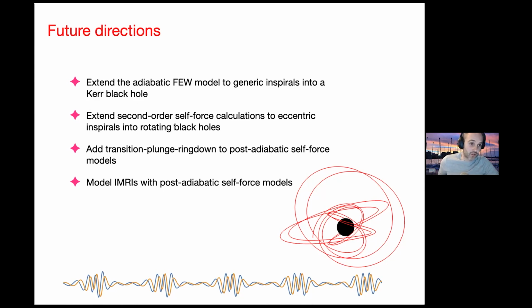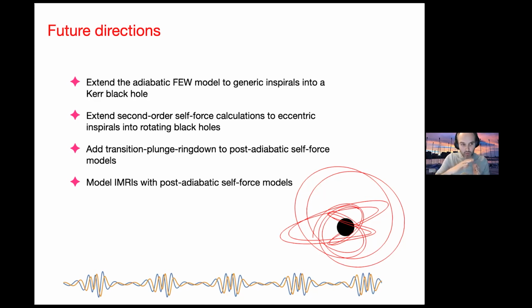There's second order self-force calculations, and these post-adiabatic waveforms that agree so well with numerical relativity, something I'm really excited about, but they are only for quasi-circular inspirals into a slowly rotating black hole. And so there's a lot of work to be done there to extend those to eccentric inspirals and inspirals into rotating black holes and add precession and all that.